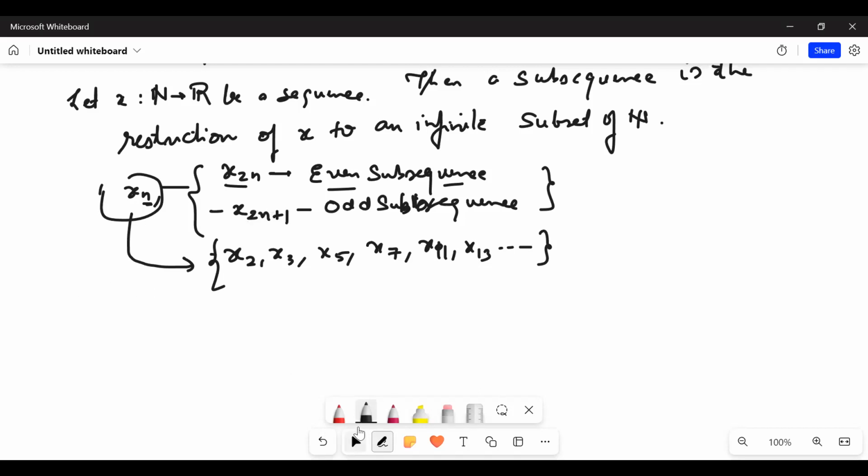Now, there's a principle called the well-ordering principle. What does that suggest?